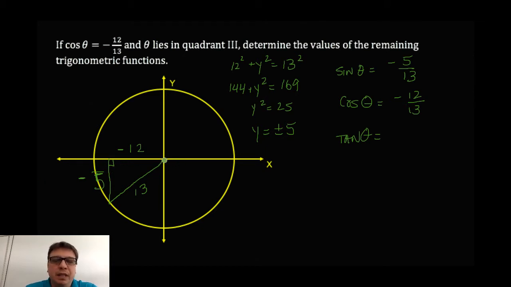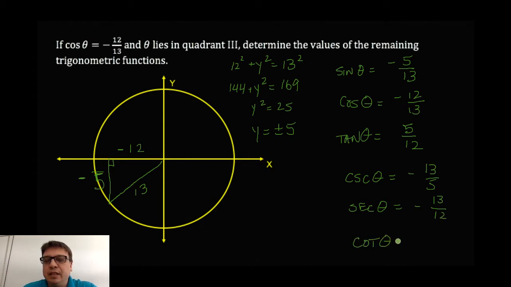That's the opposite side divided by the adjacent side, so that's just 5/12. Cosecant theta is the reciprocal of sine, so that's negative 13/5. Secant theta is the reciprocal of cosine, so that's negative 13/12. And then cotangent theta is equal to the reciprocal of tangent, so that's 12/5.